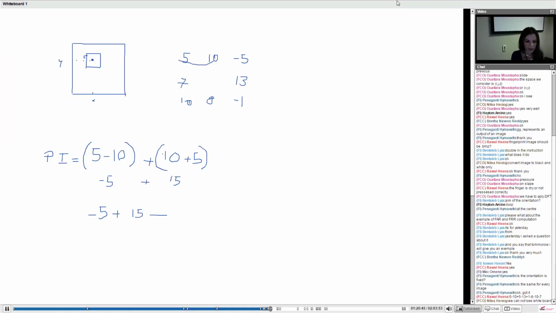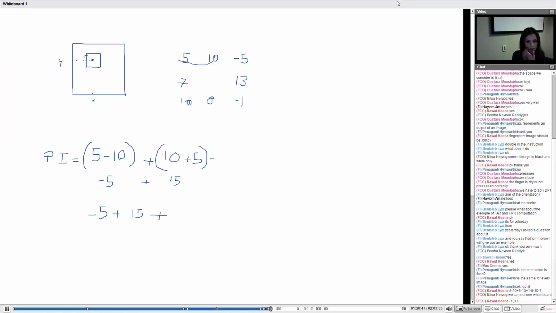It may change, so we need to add or subtract 180 degrees. So we can write 15 here plus the second difference.